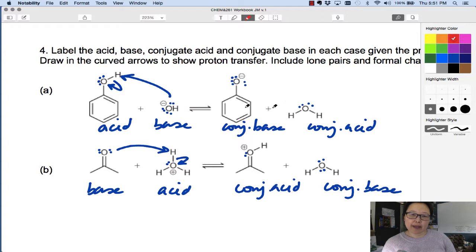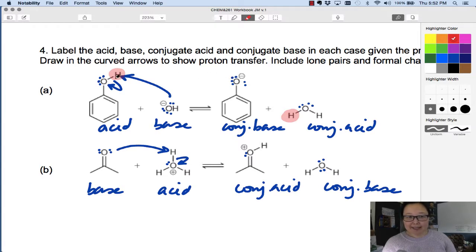What I'm going to do is notice what happens to the hydrogen. So here's my OH, and it's still OH here, but I see this hydrogen up here is now gone in this product here. So it ended up going to the OH. So we don't draw the H going to the OH though, we draw it the other way around. We start with the base, we draw the arrow from negative charge, the lone pair, being used to grab the positive hydrogen, and then the bond breaking and depositing a lone pair on the oxygen.